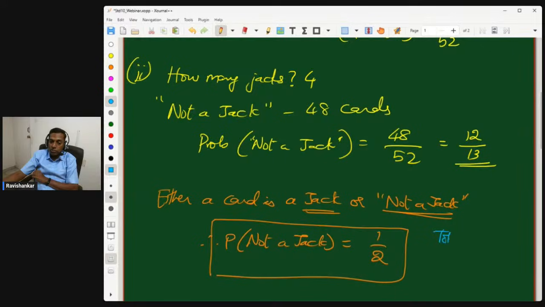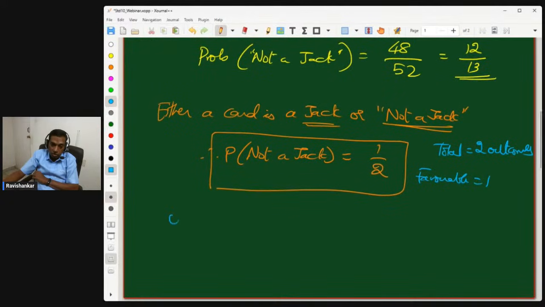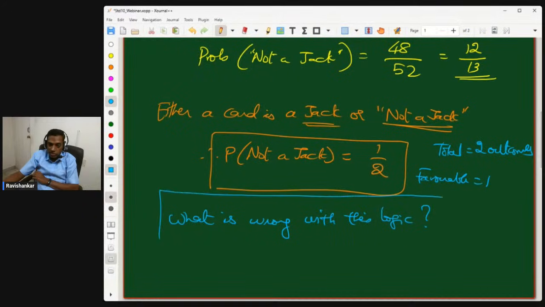Total 2 outcomes and favorable is 1. So what is wrong with this logic? This is clearly wrong. Now, CBSE or board exam is not going to ask you this question, but many students think of this question. So this is an extra question.